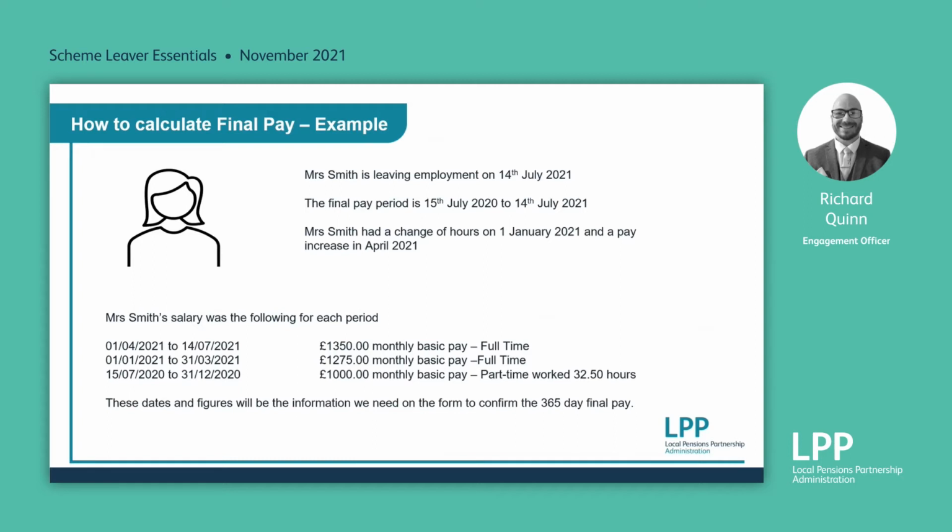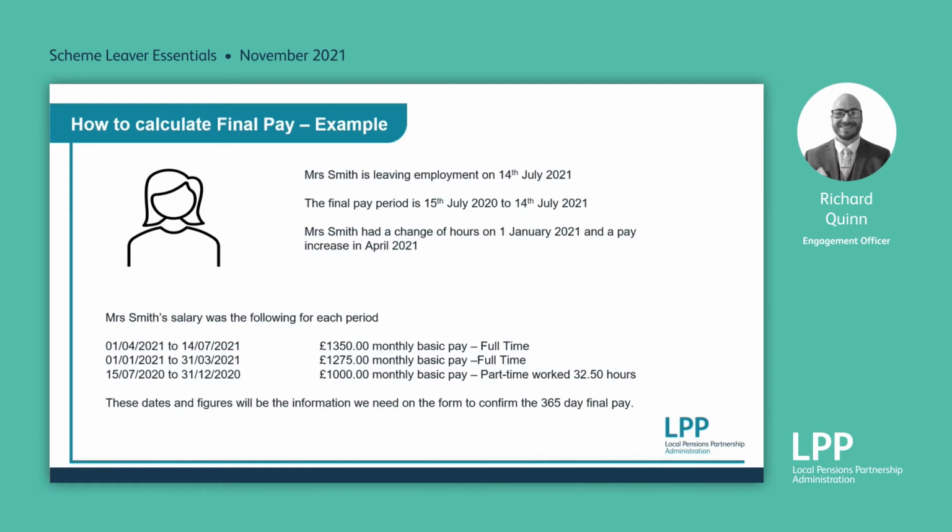As you'll see, Mrs. Smith's salary was the following for each period. From the 1st of April 2021 to the 14th of July 2021, she was receiving £1,350 monthly basic pay and was working full-time. From the 1st of January 2021 to the 31st of March 2021, Mrs. Smith was receiving £1,275 monthly basic pay and again was working full-time.